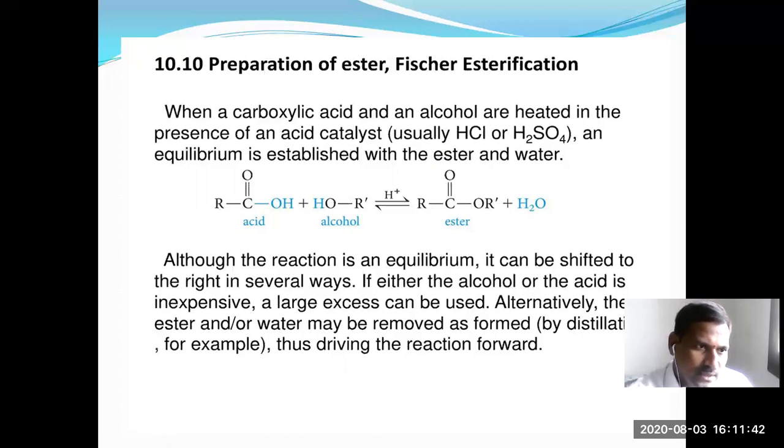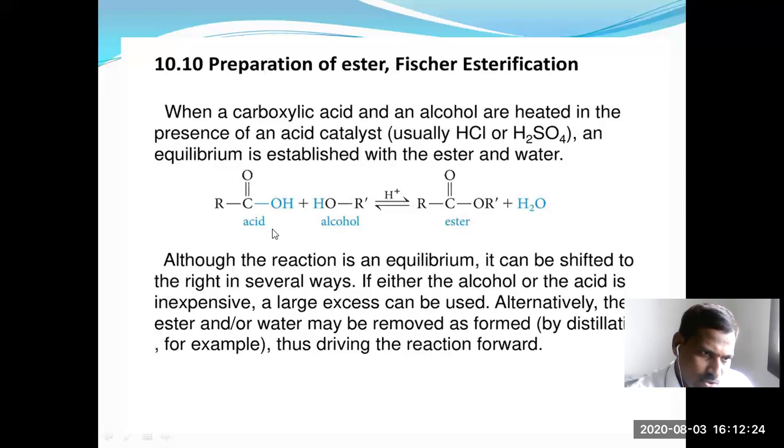Like that, a carboxylic acid and an alcohol are heated in the presence of an acidic catalyst, meaning HCl or H2SO4, and we get the ester with loss of a water molecule. Examples: acetic acid and methyl alcohol give methyl acetate; acetic acid and ethyl alcohol give ethyl acetate.